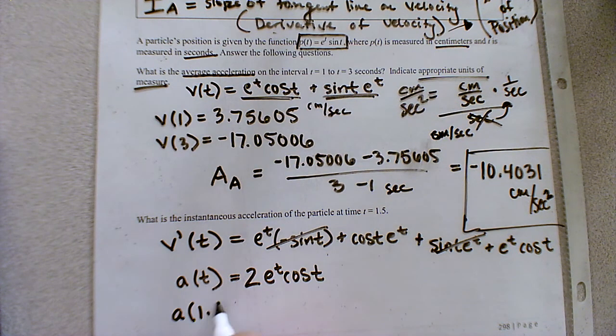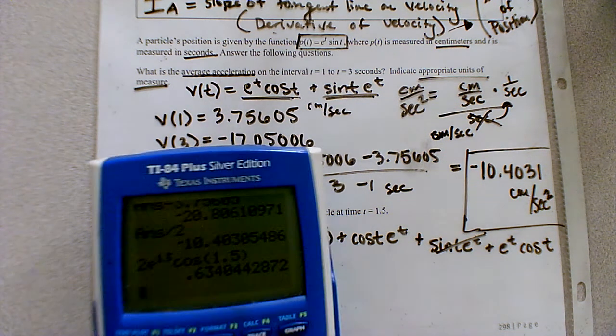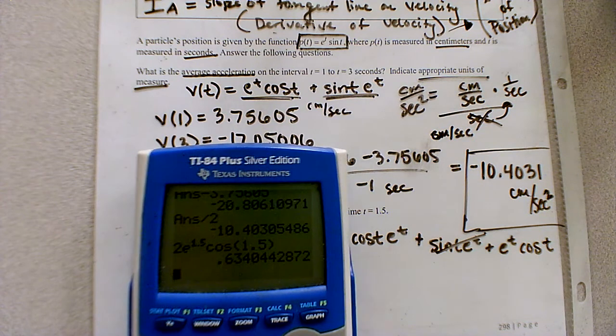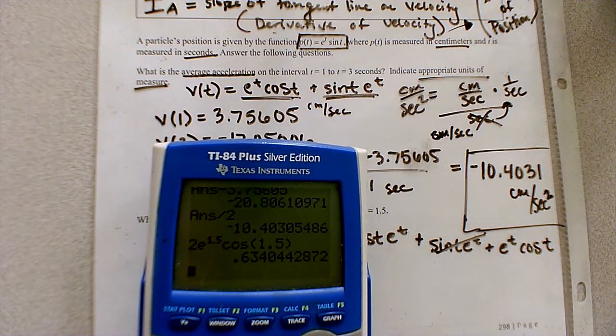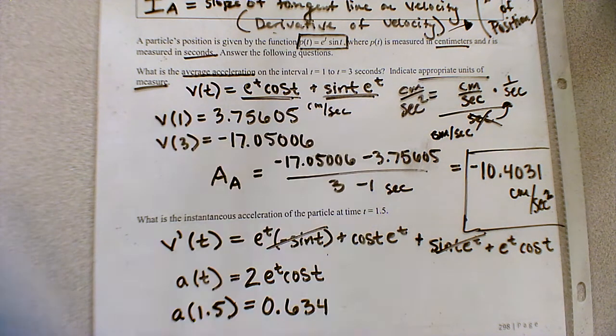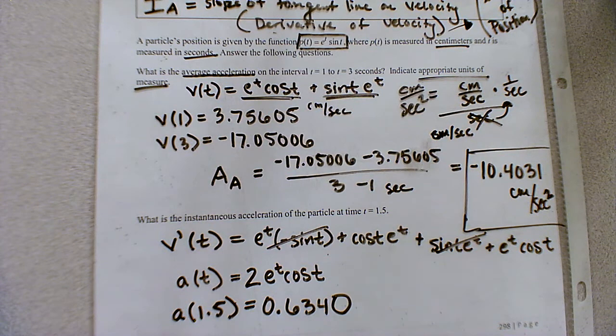So if we go ahead and plug in 1.5, we'll see what we get. And I got 0.634. If we go to 4 decimal places, it looks like we have to chop it at 0 because the 4 would not round it up. There we go.